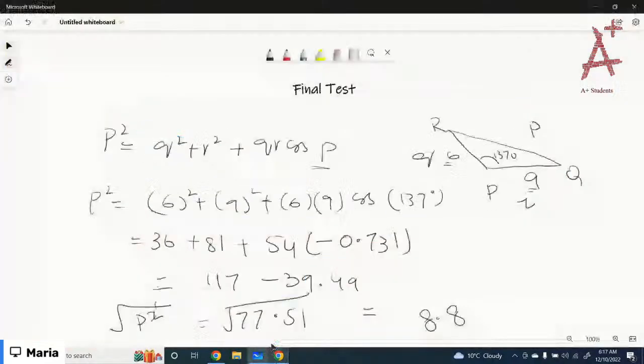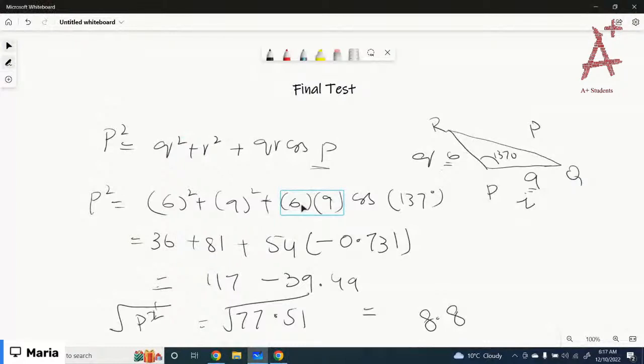Let me just calculate again. 9 times 9 is 81. 6 times 6 is 36. 9 times 6 is 54. And cos of 137, it would be 0.7313.